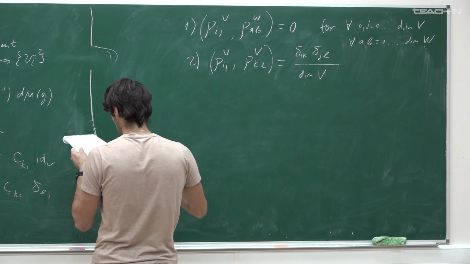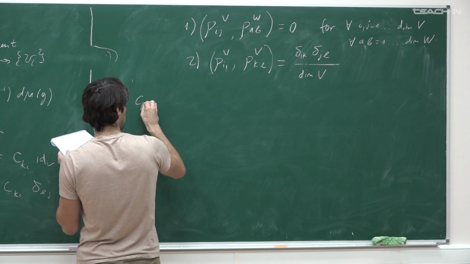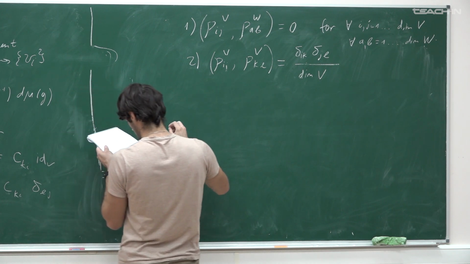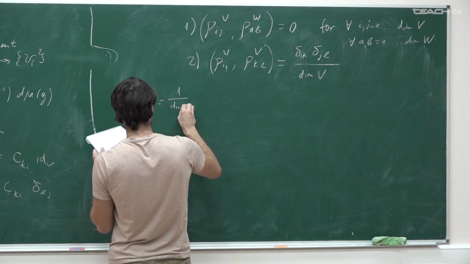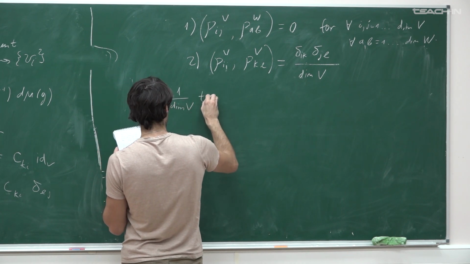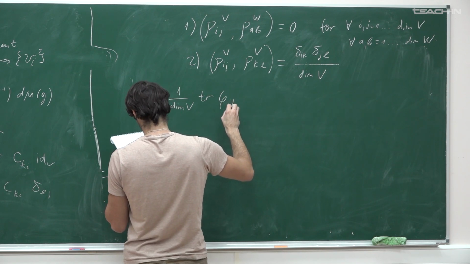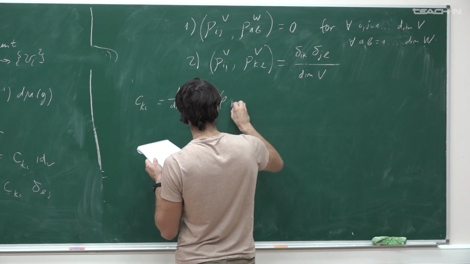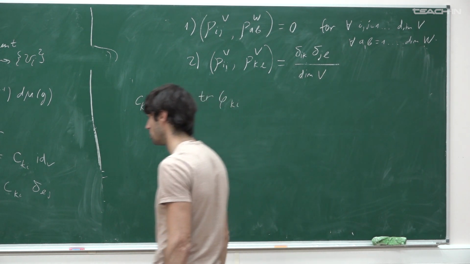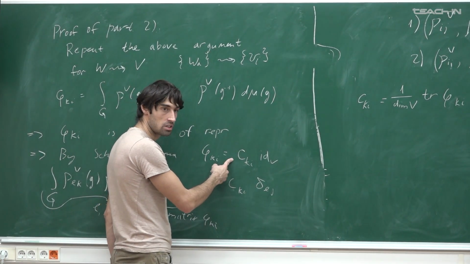Okay, so C_ki is 1 over dimension V. I can compute the trace of phi_ki, so I can put trace on both sides.